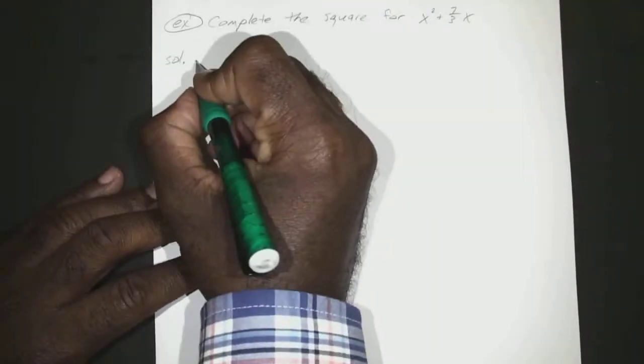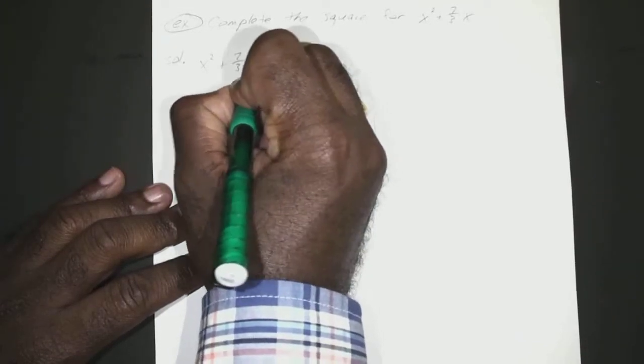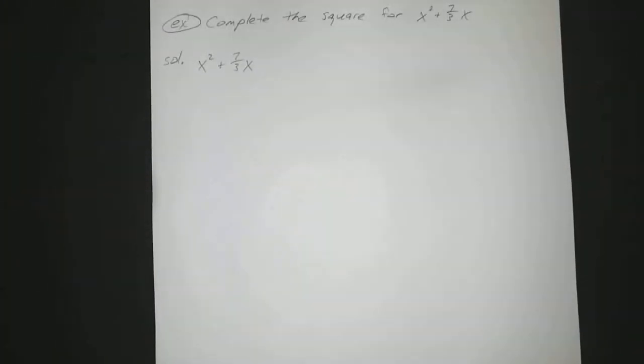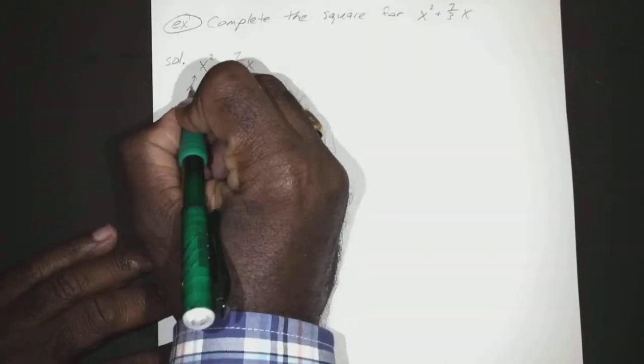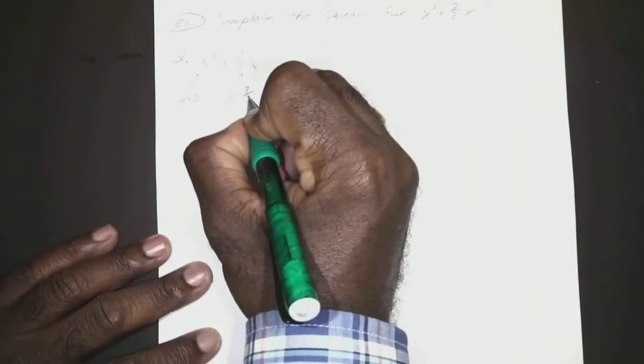All right, so for this one, same process, but in the next step I just kind of tweak it to make it a little bit easier. Okay, so for this one, a is equal to 1, but b is equal to 7 over 3.